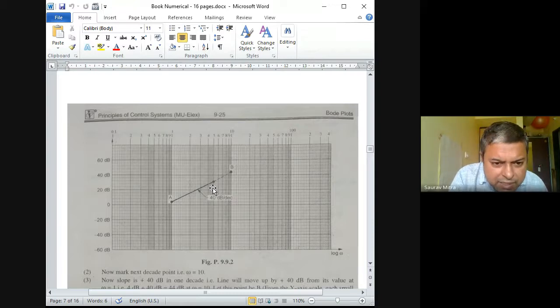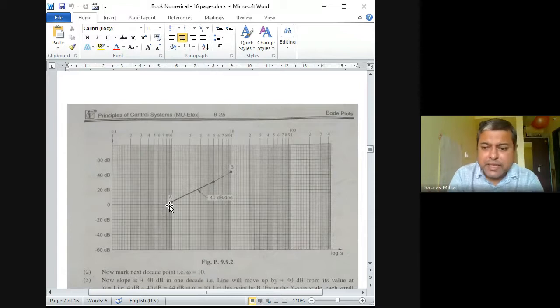So you are finding that at 5 the amplitude is almost 32. That means at A, if you are starting at 1, 4 and going upward, when it crosses the frequency 5 radian per second, it will attain an amplitude of 32 dB.